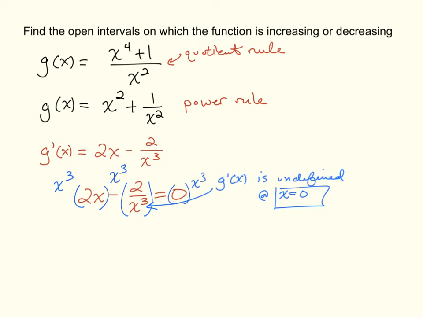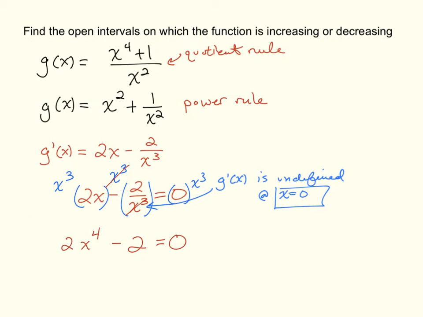And when you do that, the right side still stays 0. On the left side, the x cubed will cancel out in the second term, so that leaves us with a minus 2. And in the first term, we end up with 2x to the fourth power.